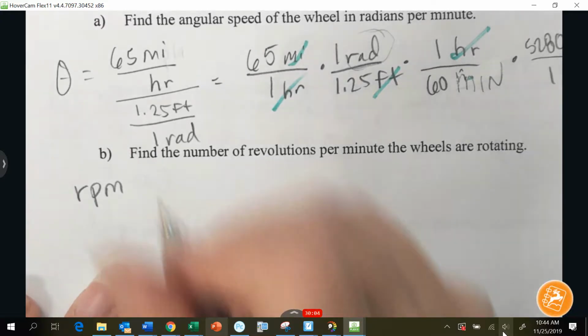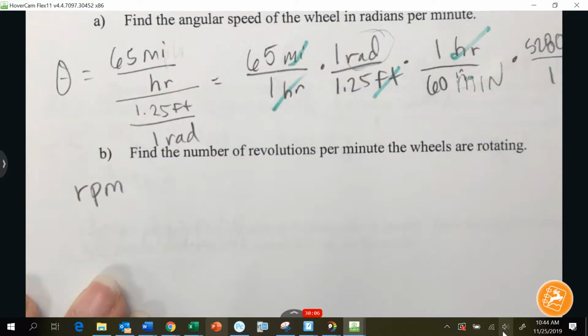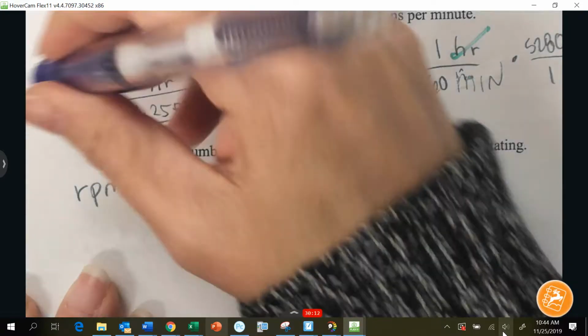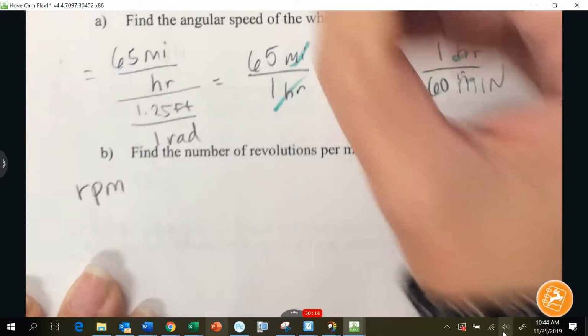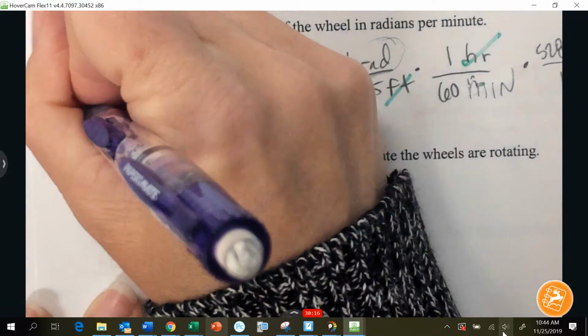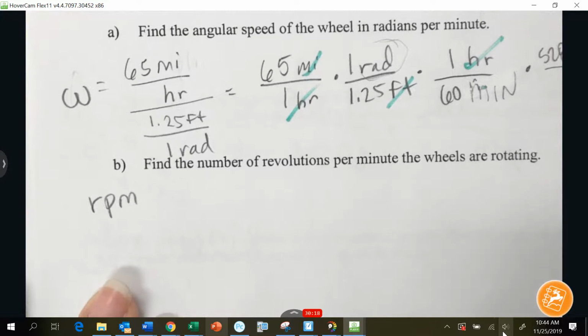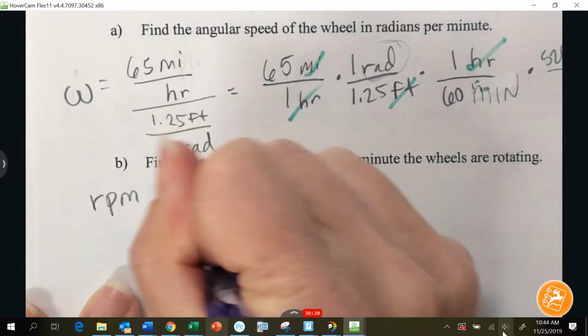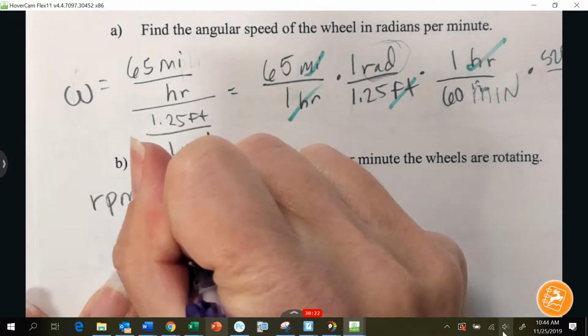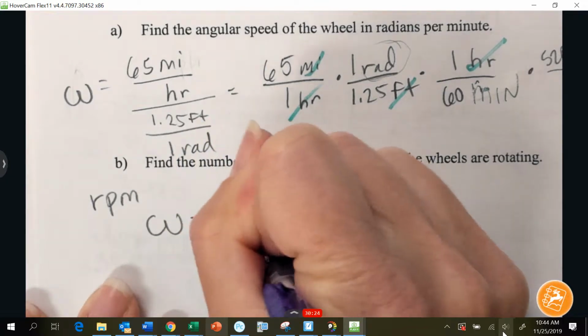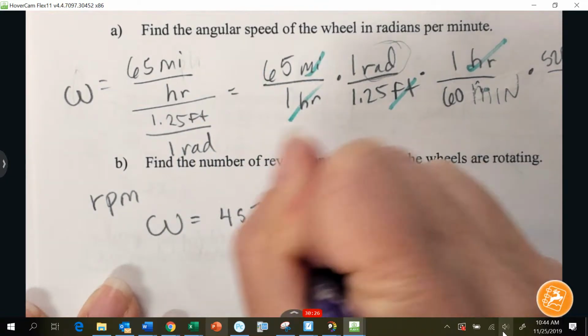We know the angular speed. Why did I put that as theta? You guys yell at me, come on. It's omega. We already know the angular speed. The omega is 4576 radians per minute.